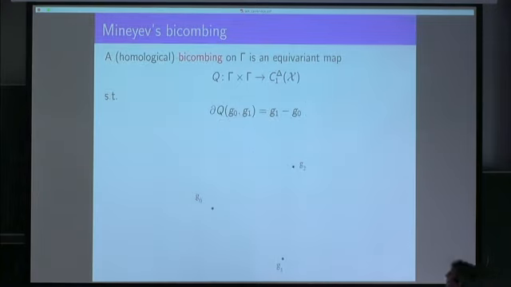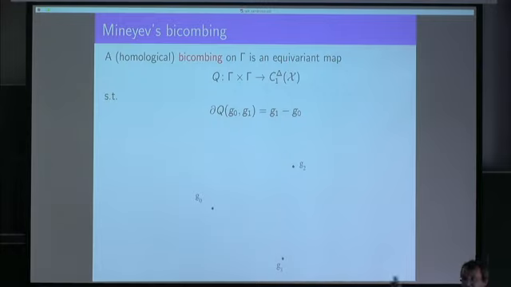What is a homological bicombing? It's just a way. You give me a pair of vertices in my graph, and I just need to connect them by a one-chain. But I want it to be a simplicial chain in the Rips complex. So I'm not allowed to take just the pair g0, g1, because if g0 and g1 are very far one from the other, there is not any simplex having them as endpoints in the Rips complex.